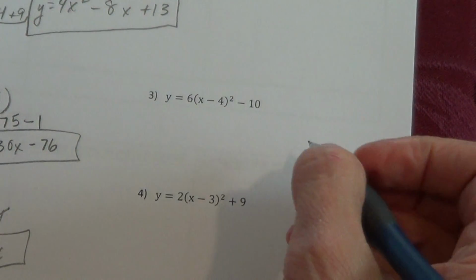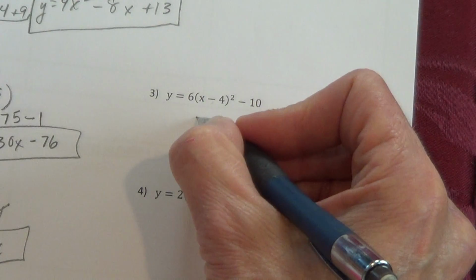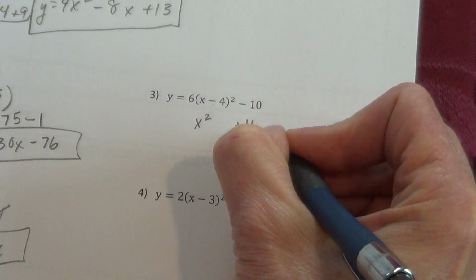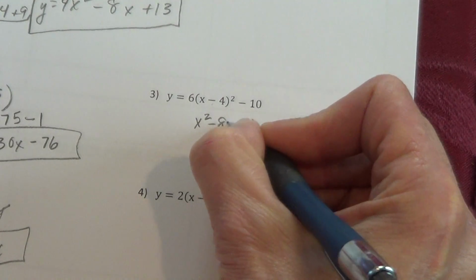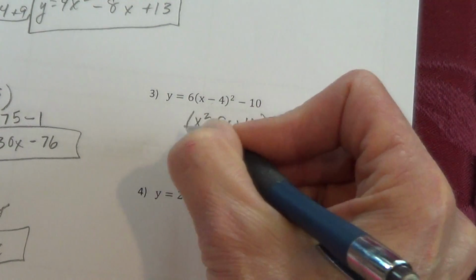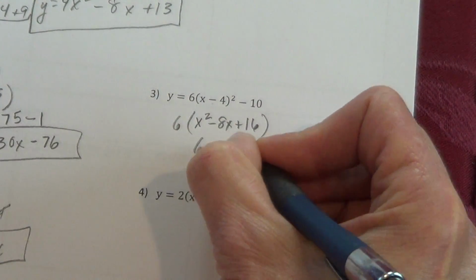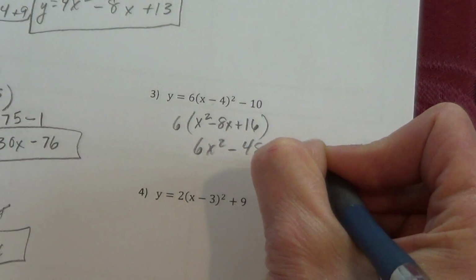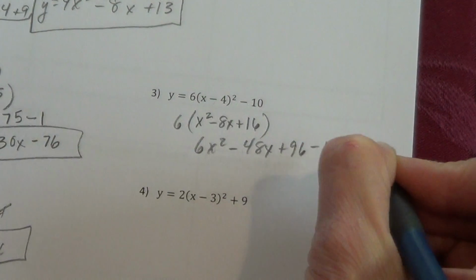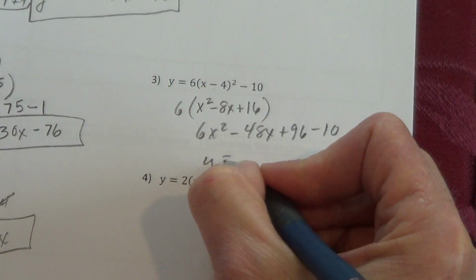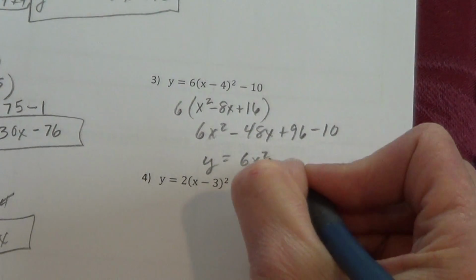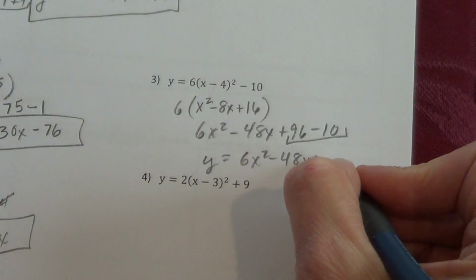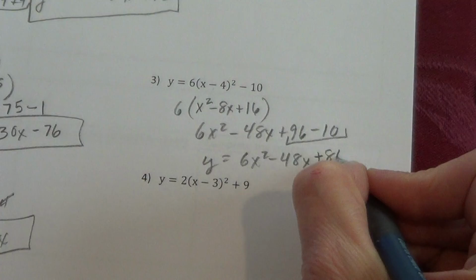On this next one, square that, it would be x squared plus 16 is our final term, minus 8x is our middle term. Distribute 6: 6x squared minus 48x plus 96 minus 10. We have y equals 6x squared minus 48x. 96 minus 10 is plus 86.